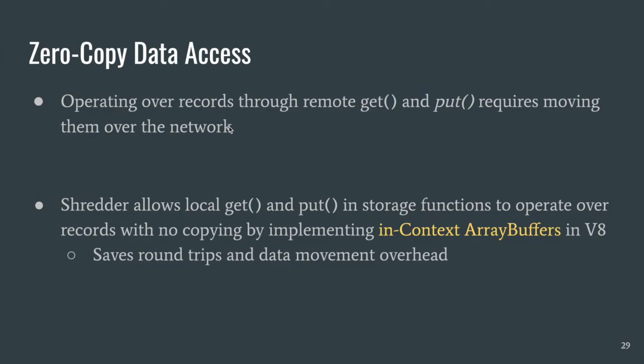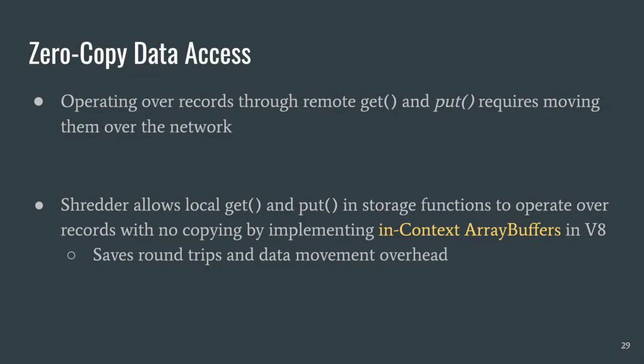So, zero copy data access. Storage functions use get and put calls to access records, and they operate over the records through these remote get and put calls, which require moving them over the network. This optimizes get and put because it avoids copying records into and out of storage whenever needed.